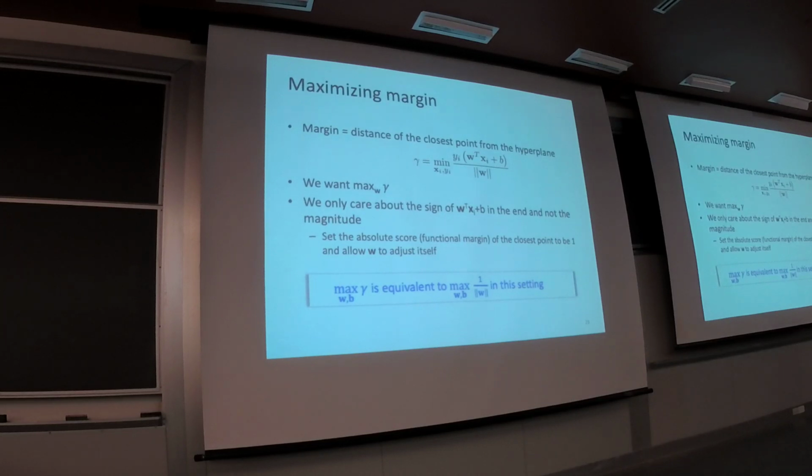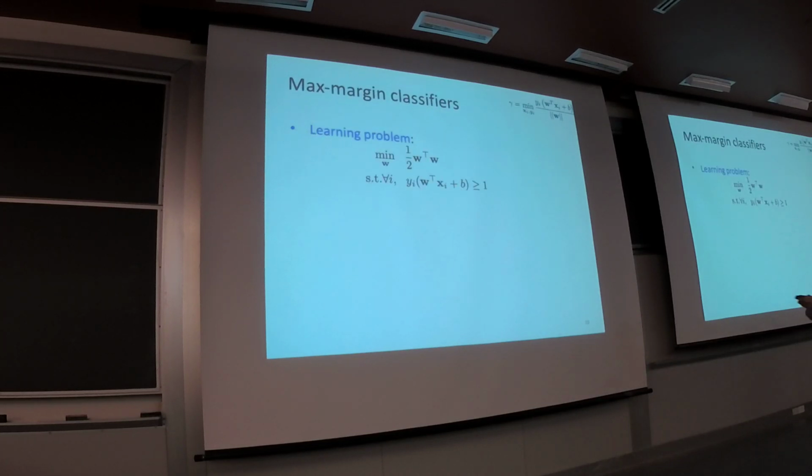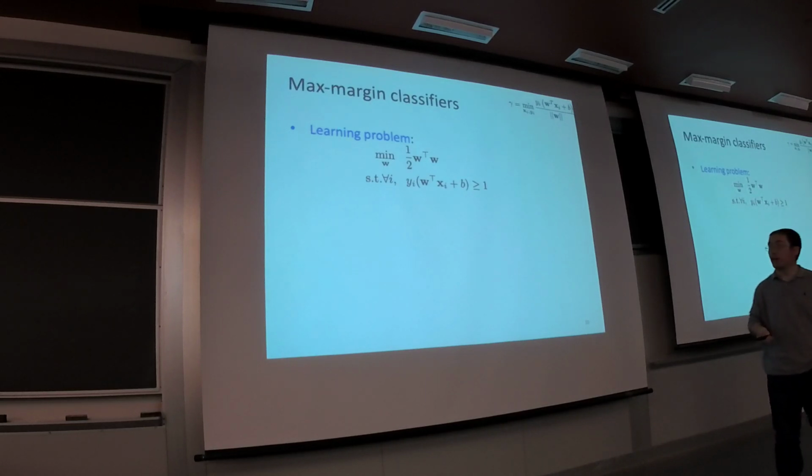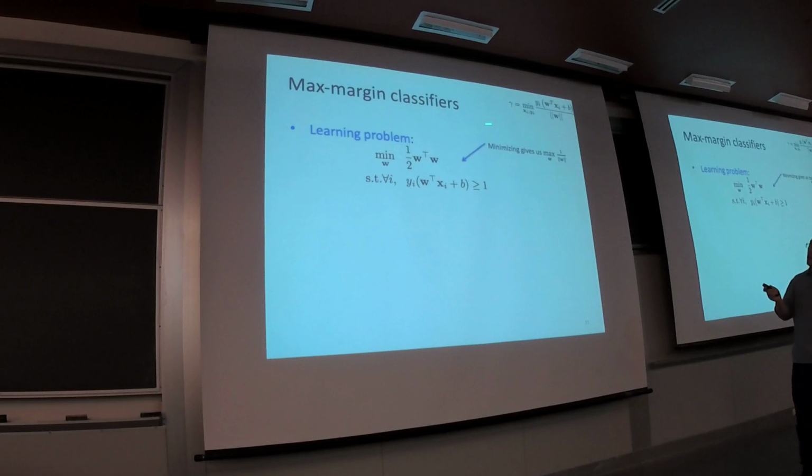Based on this idea, we reformulate our learning problem as follows. First, we maximize the margin, which is the inverse norm of W, the weight vector, and it is totally equivalent to minimizing the squared norm of W, which is W transpose W. We can multiply with a constant 1 over 2, just for convenience, no other meaning.